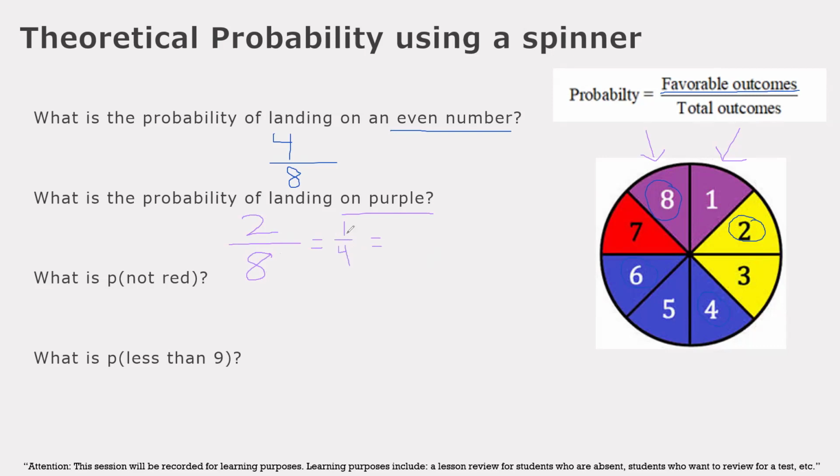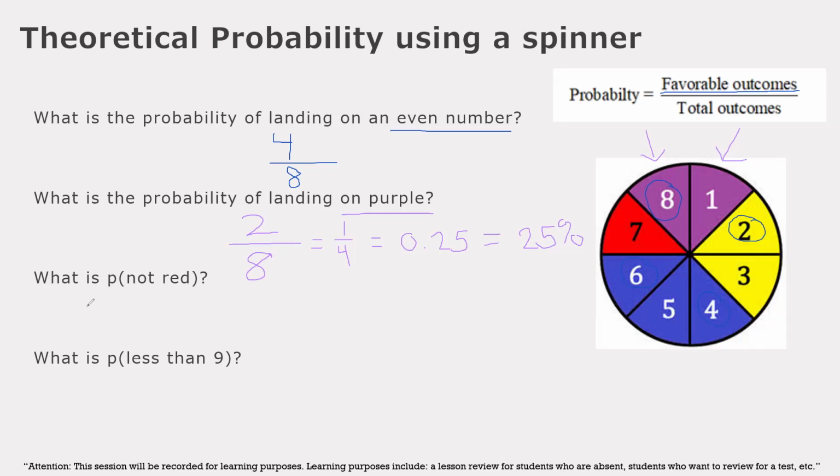And then you can divide to get the decimal, which would be 0.25. And then you can multiply by 100 to get the percent, which would be 25%. So all of these are possible ways of answering your question: fraction, decimal, and percent form.